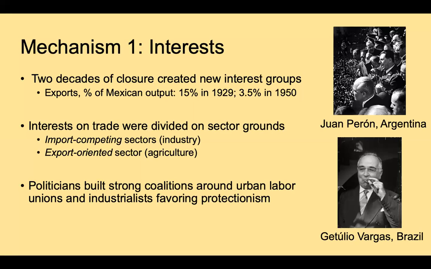That closure and that domestic industrialization coincided with a rapid decline in the proportion of output that was constituted by exports. Countries went from exporting a great deal at the beginning of the Great Depression to exporting almost nothing at all. Take the example of Mexico. 15% of the country's output was exports in 1929. Less than 4% was exports in 1950.